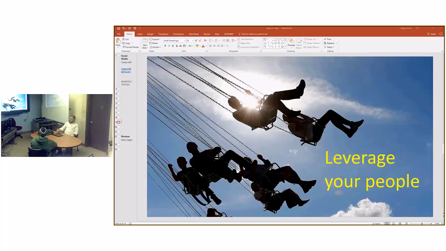Many times, if you can get the employees, the owner, executives, whoever, to be engaged in social media and sharing some of those messages, it can be as effective or sometimes more effective than what you can do with your brand accounts. If you go to the next slide, a couple things to back that up.